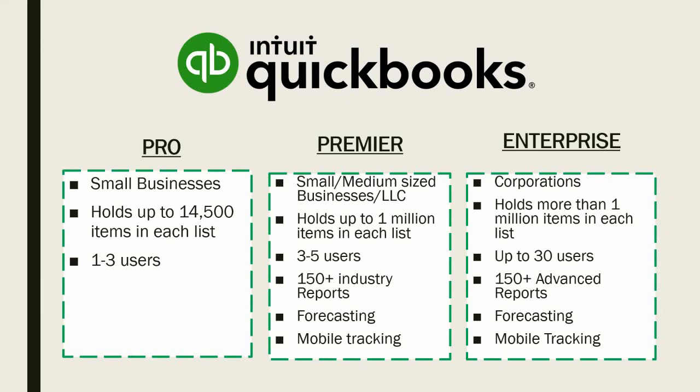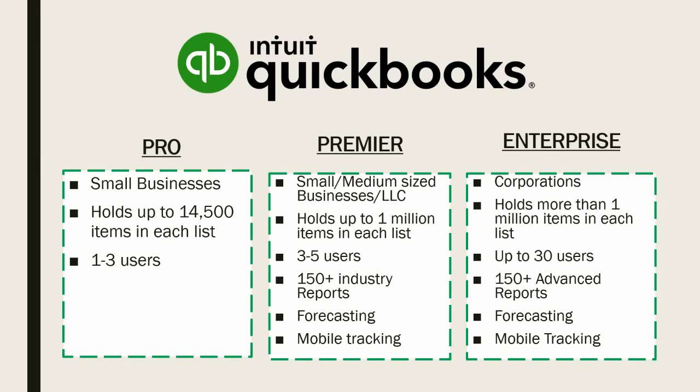This one also gives the capability to allow 3 to 5 users to have access to the company file at one time. So again, for a small business, when we talk about users, we're talking about positions in the company. Your number one user for QuickBooks is going to be the admin or the accountant itself.